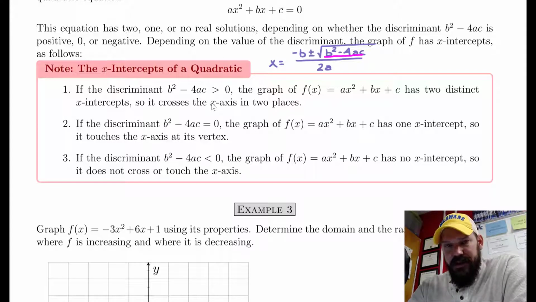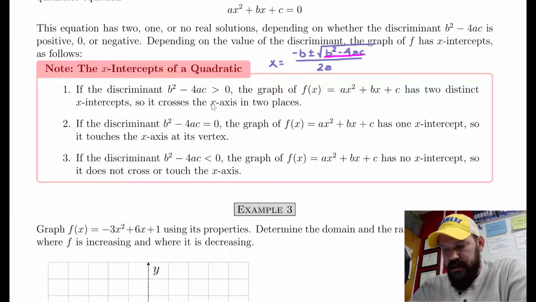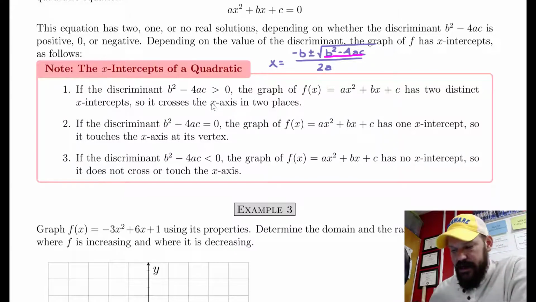If the discriminant is 0, then we have a repeated x-intercept, which means the graph essentially just touches at that point on the x-axis and then changes direction again. And if the discriminant is less than 0, it has no intercept, and it has what we call complex zeros. So that means the graph lies either entirely above the x-axis or entirely below the x-axis. So that's if you have a negative discriminant.